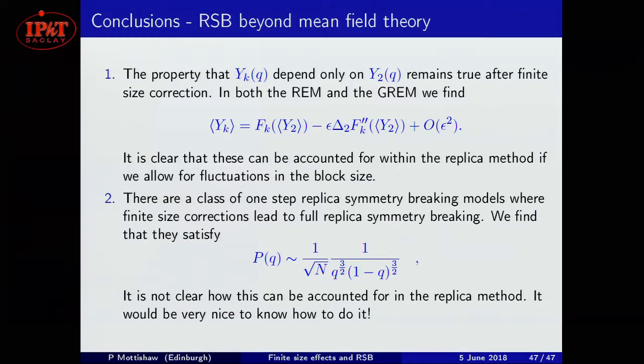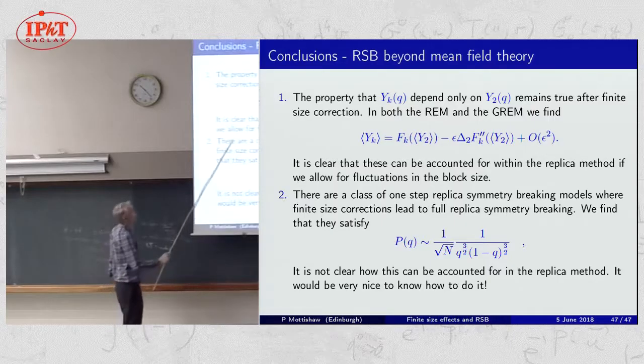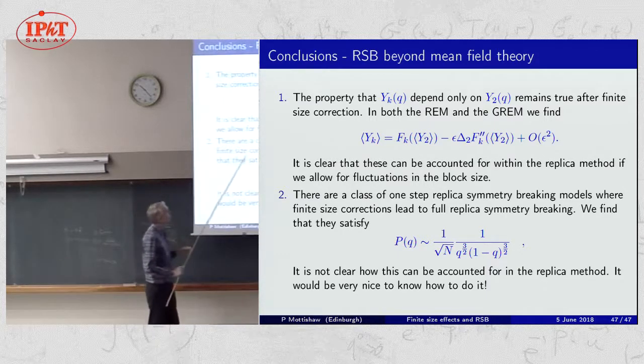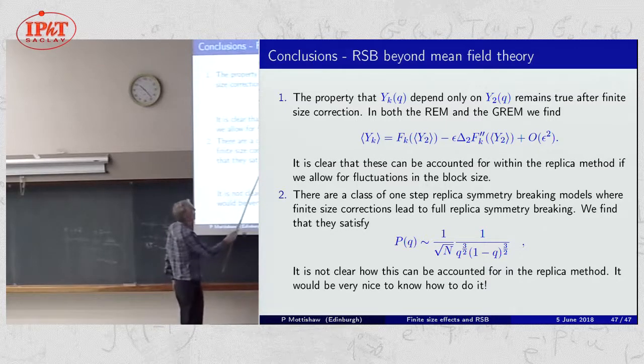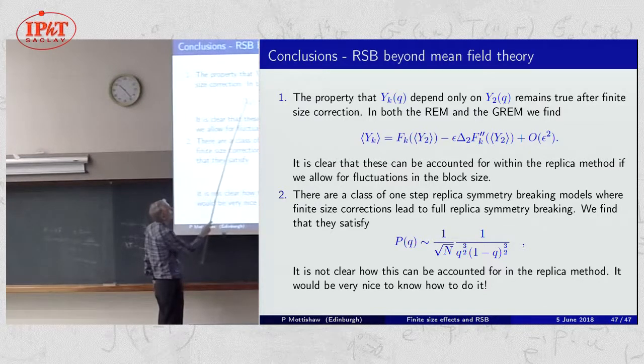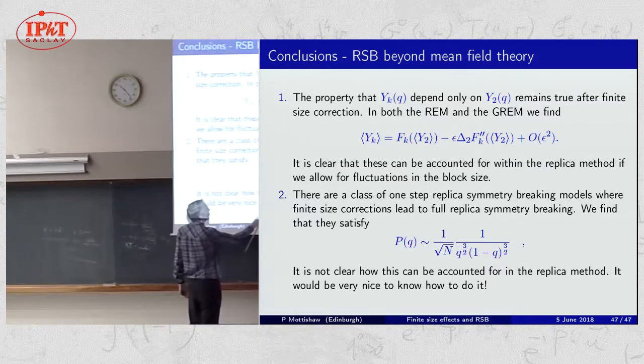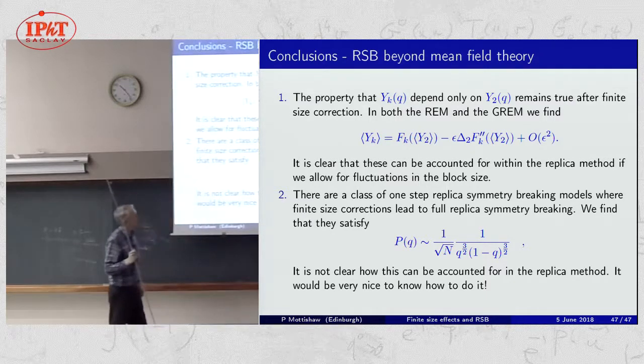Okay. So the conclusions are, as I showed, that in the models we looked at, the random energy model or the generalized random energy model, where you've got a finite set of steps of replica symmetry breaking, it's reasonably clear that if you look at what we call fk, which is just a function of y2 and gives you all of the yk as in the usual replica approach, then there's a fairly simple way to modify that, which you can think of as a fluctuation in the block size.